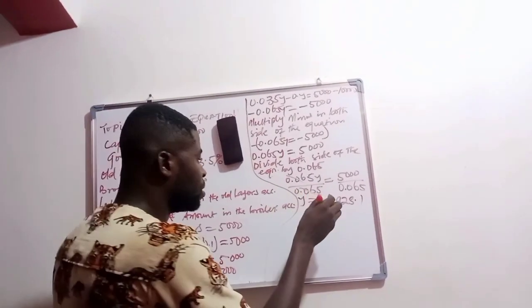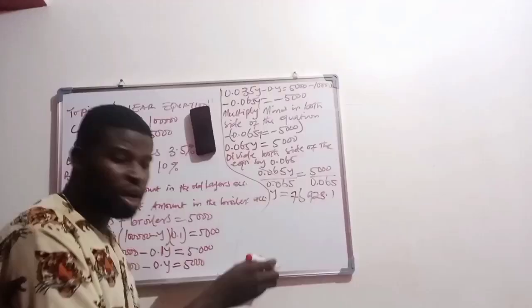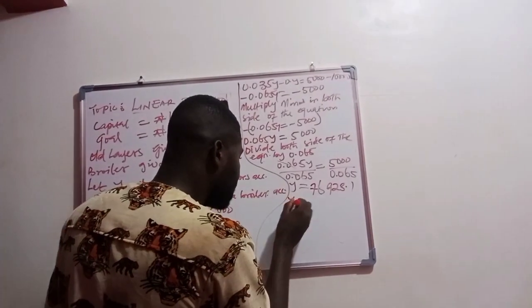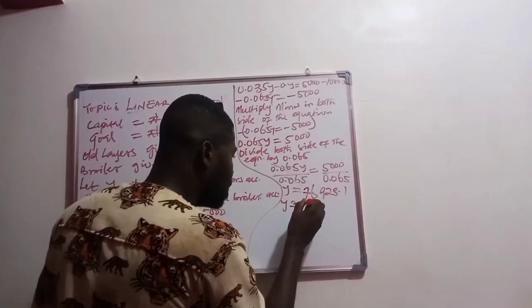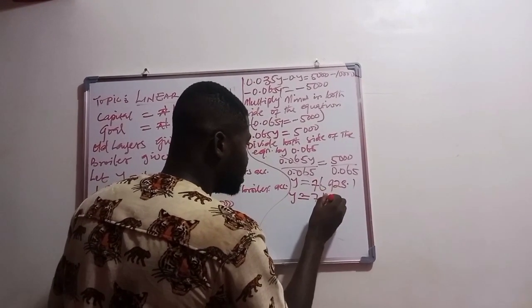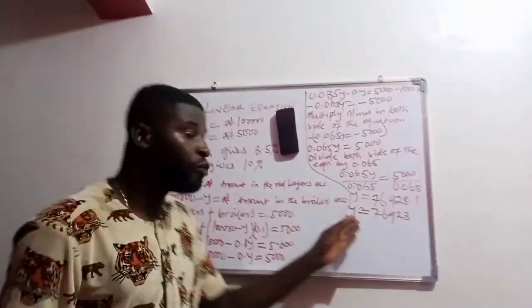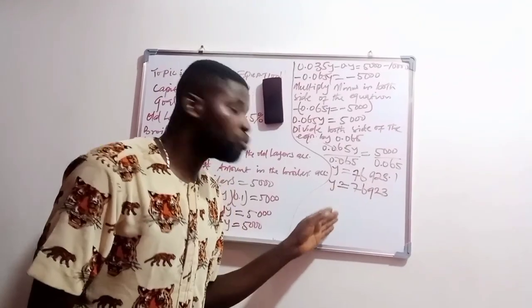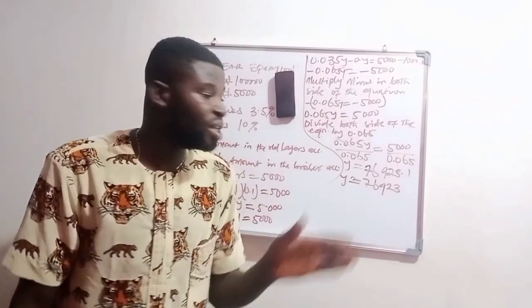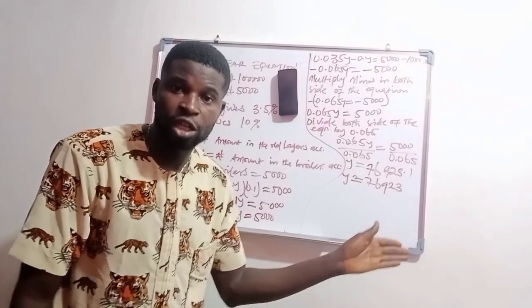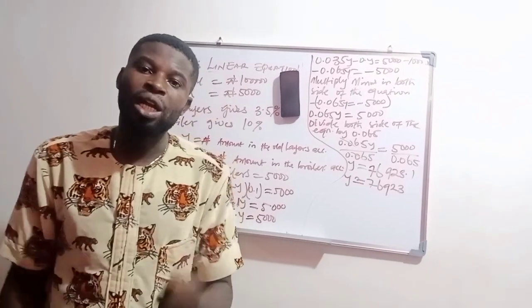Now, in approximation, we have that y is approximately 76,923 naira. Now that we have the value of y, which is the amount of money that should be invested in layers, let us go for broilers.